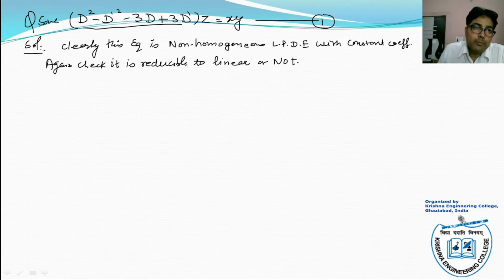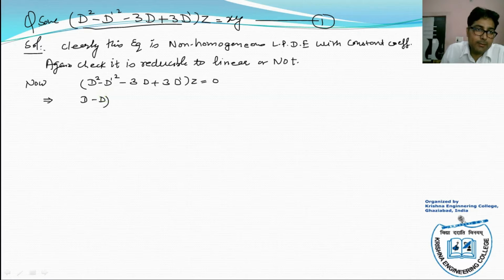For this, we factorize this f(D, D'). Now (D square minus D' square minus 3D plus 3D')z is equal to 0. Now factorize it: (D minus D') into (D plus D'), and take minus 3 common, so this becomes (D minus D')z equal to 0.